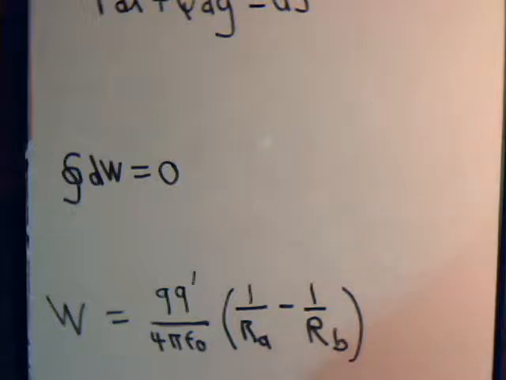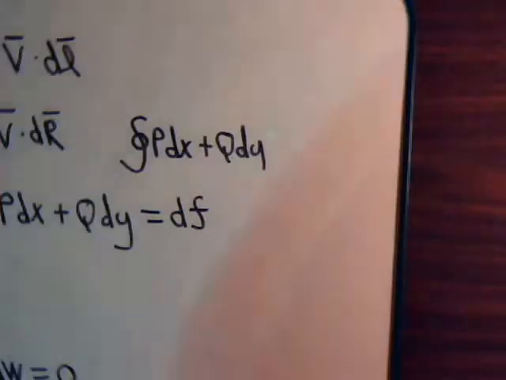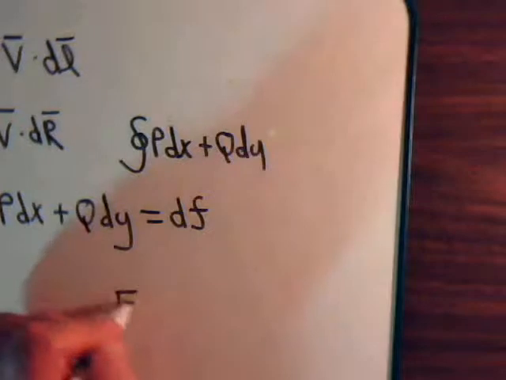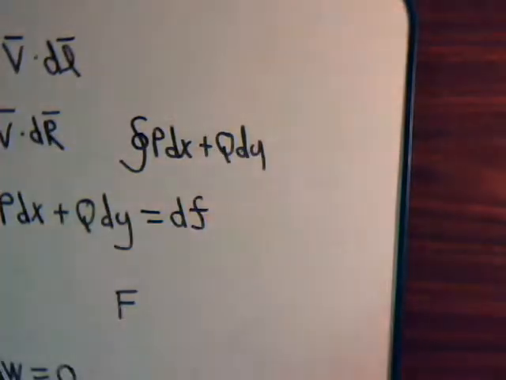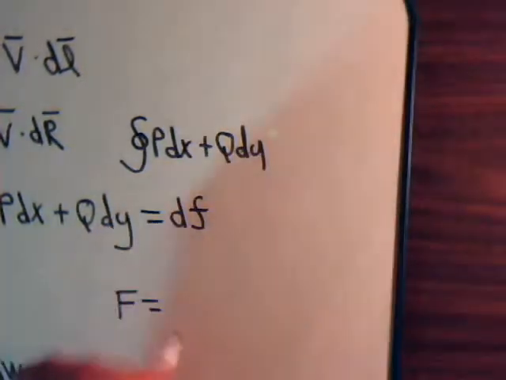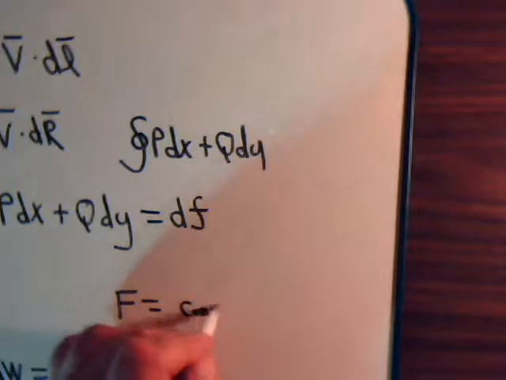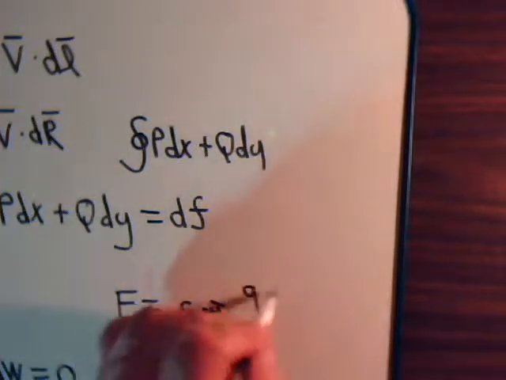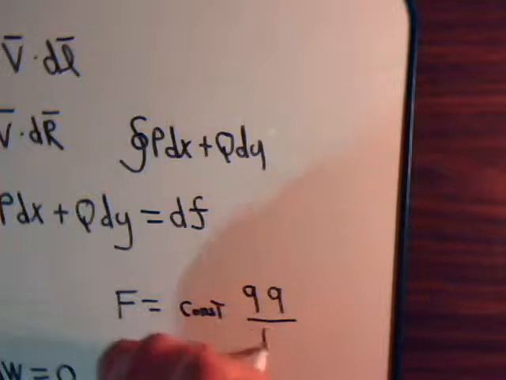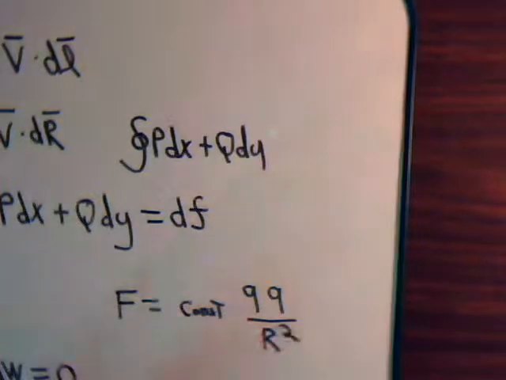And whether you're in an electrostatic field or a gravitational field, it doesn't matter because the force involved has the same type of general expression. For the electrostatic force, we just have some constant times the two charges divided by the square of the distance.